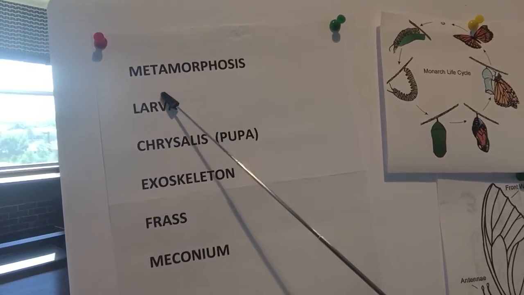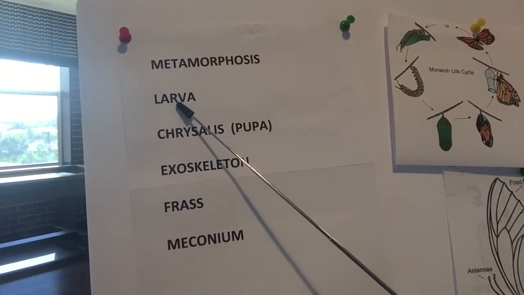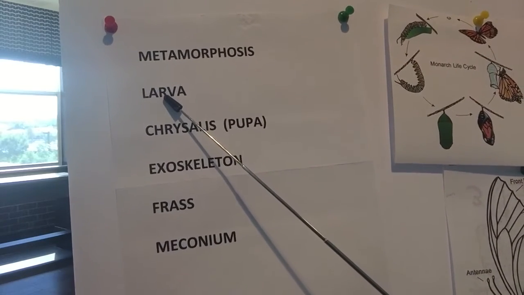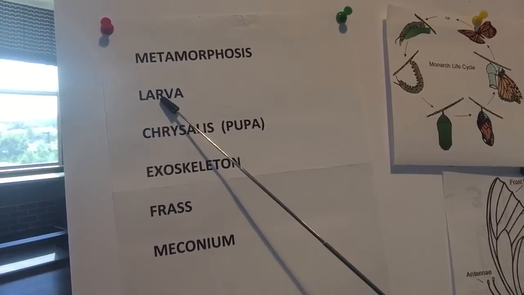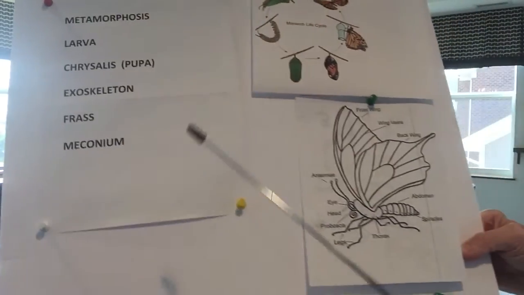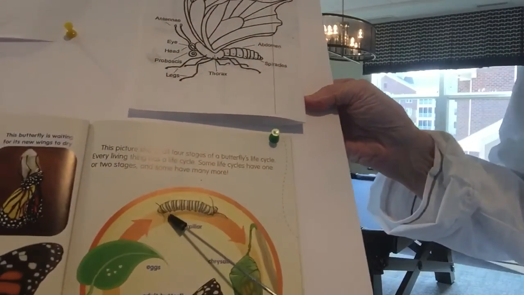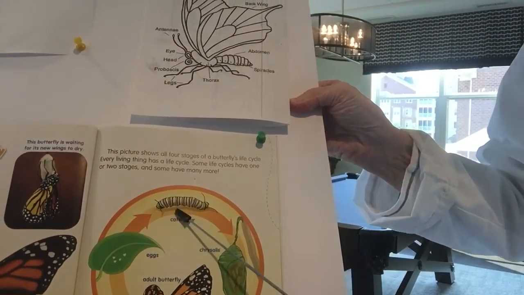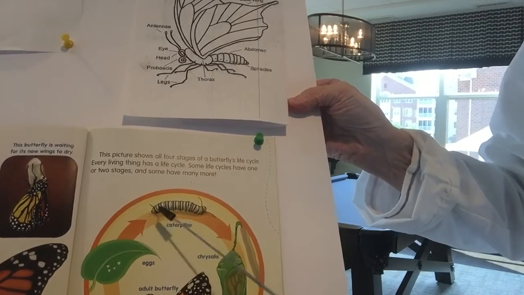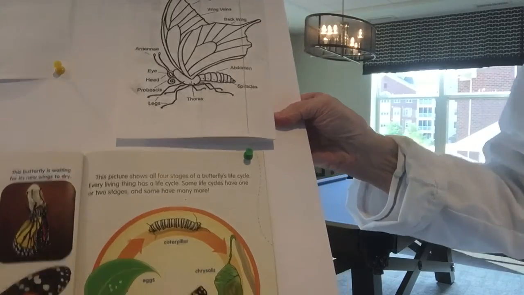And by the way, there's another word I'll leave with you today, larva. That's another word that scientists use for the caterpillar. So this caterpillar here, this guy that we saw just a minute ago, scientists would say that's the larva of a monarch butterfly, right?